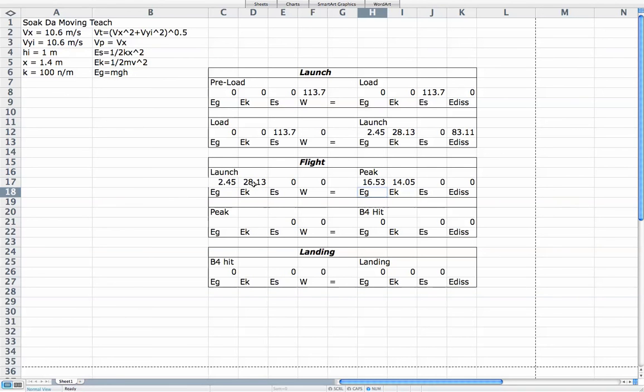And so the point is, these two numbers added together should equal these two numbers. And then, of course, these numbers are going to come down here.